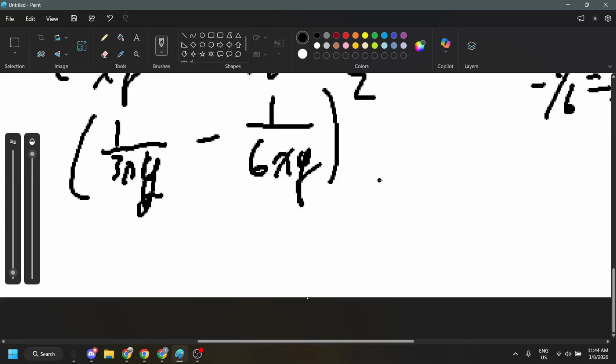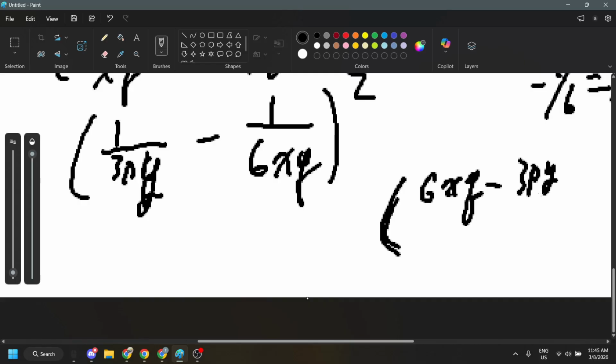Well, let's try to put them all into one. So we have 6xq is q minus 3py over 18xypq.